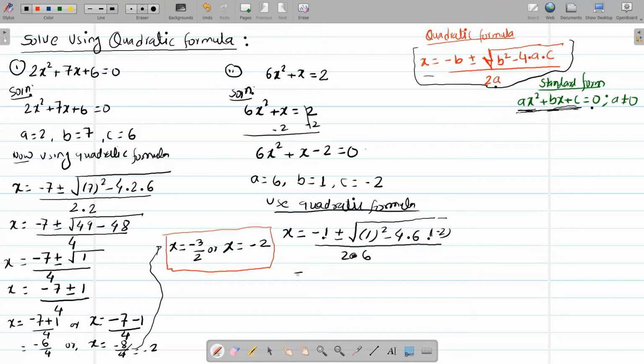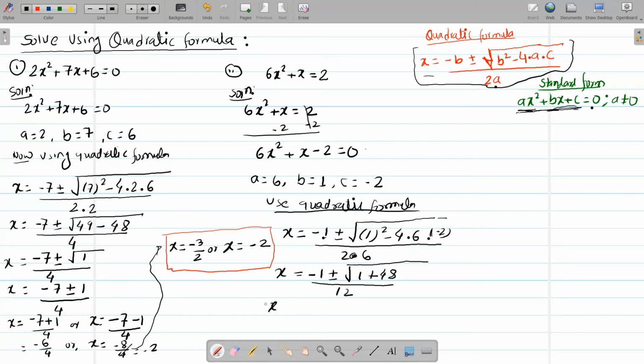Now our x is -1 plus minus the square root of 1 square is 1 minus 4 times 6 is 24 times -2 is what? 48. This -2 times negative is plus, it's gonna be 48, over 2 times 6 is 12.